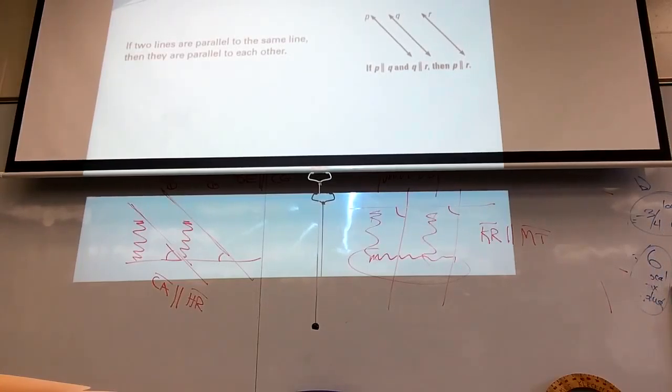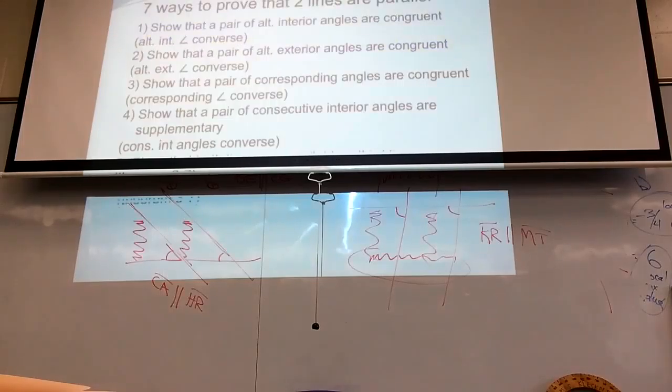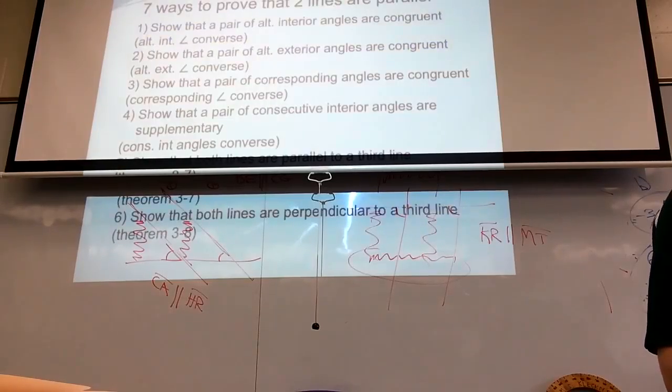These are just shortcuts if you run into very specific situations. If you remember them, it saves you time. If you don't remember theorem 3.7 or 3.8, you can still do all the problems. It's just going to require a couple more steps. So make sure, without a doubt, you take the time to get 1, 2, 3, and 4 down.